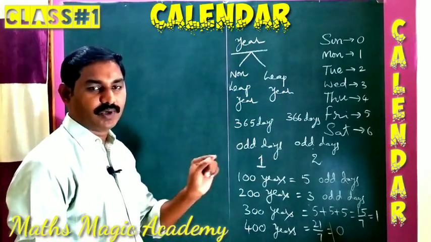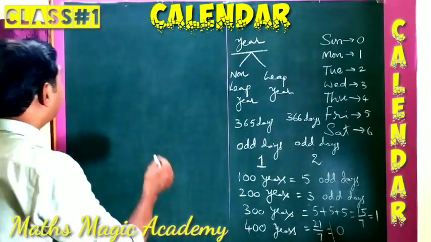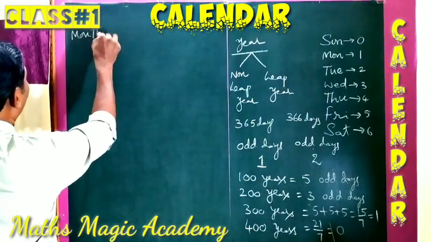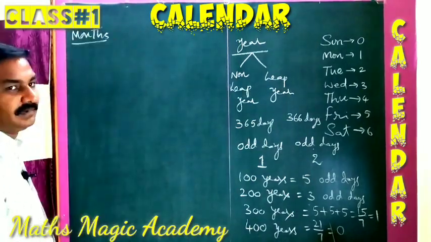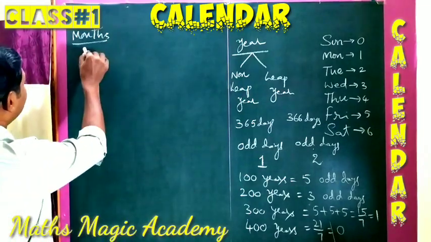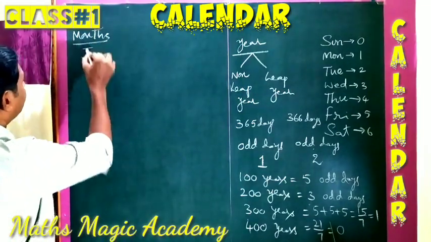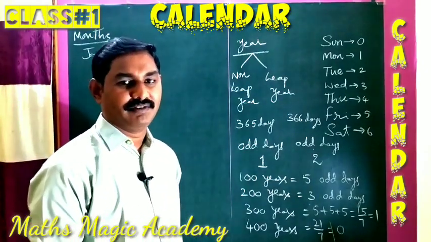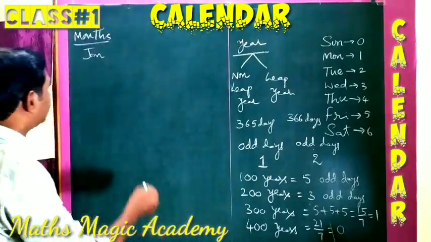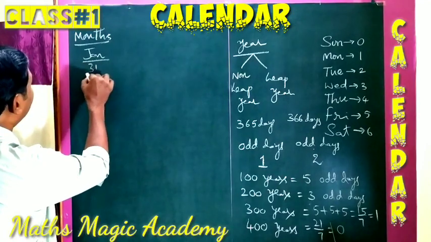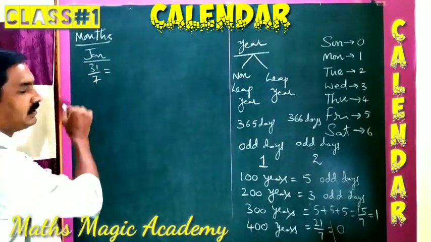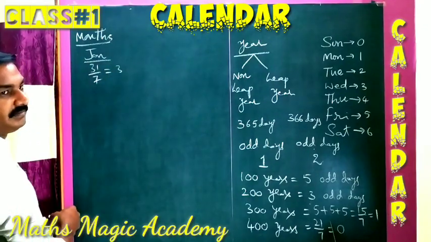Now, one more simple thing: you have to find odd days for months. In the month of January, how many days will be there? 31 days. If we divide 31 by 7, what do you get? 7 fours are 28, the remainder will be 3.